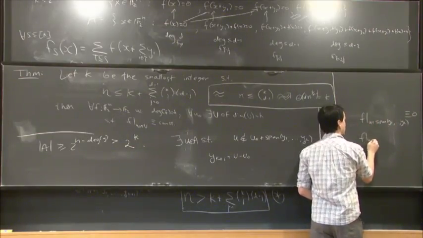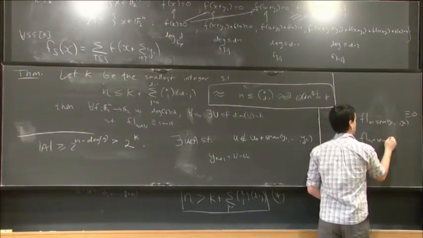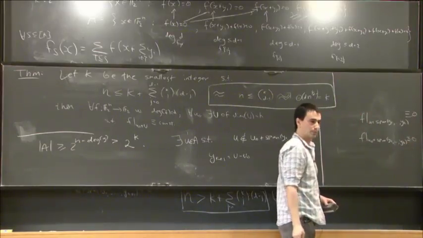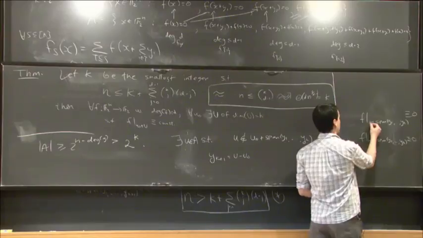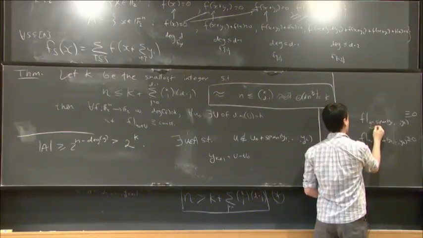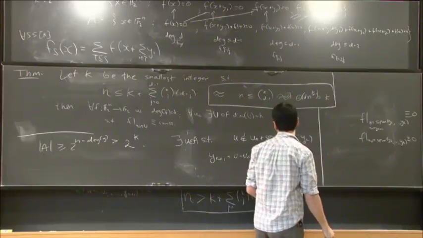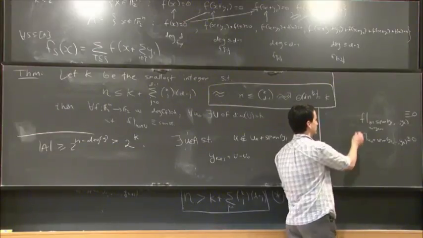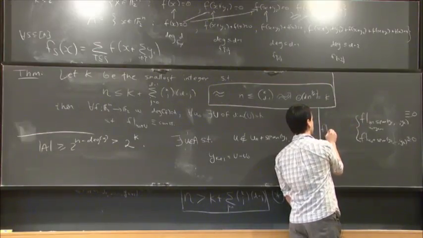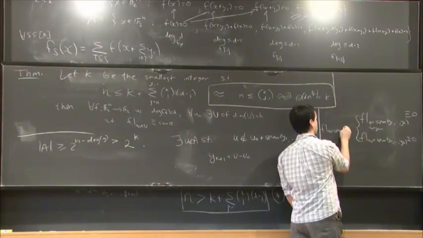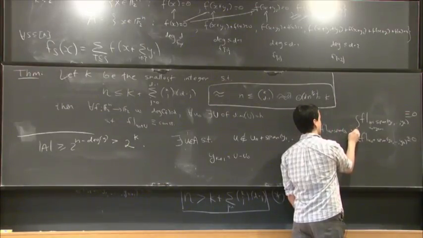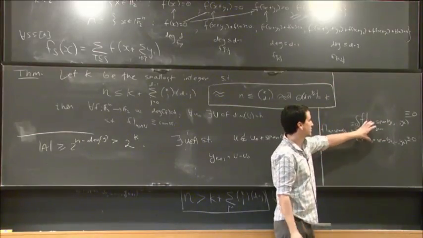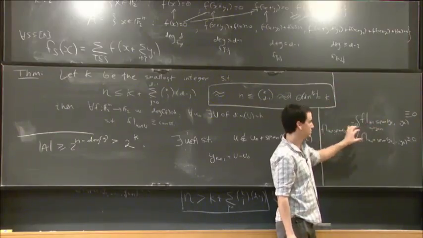We know that f on u0 plus the span of y1 up to yk is 0. And now we can write u as u0 plus y k plus 1. Right, because of this. So from these two, we get that f on u0 plus span of y1 up till y k plus 1 is 0. Right, because the union of these two sets is simply this set.